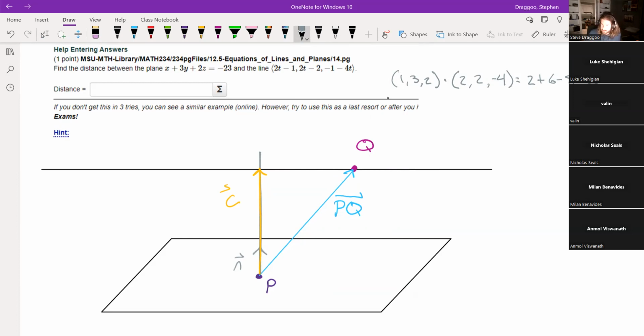But Q at least has a pretty obvious choice. I'm going to say that Q is the point -1, -2, -1, where I'm pulling that from the equation of the line. Right, because the equation of the line has some initial point baked into its equation. If I just pull that out, I can use that for Q. So this comes from t = 0.